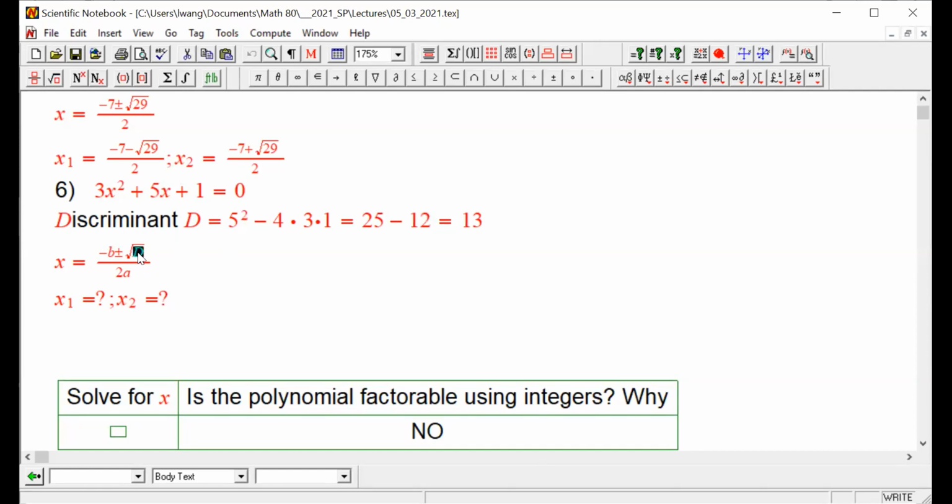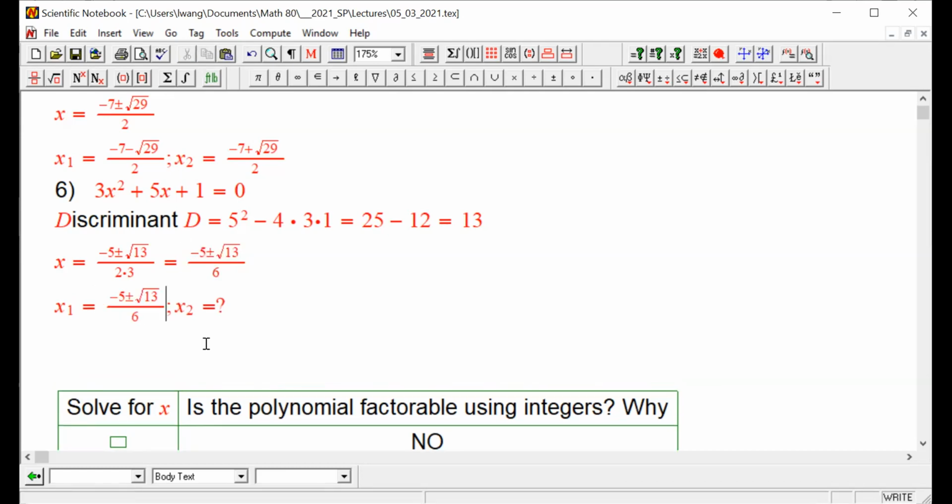So the discriminant is 13, and B is 5. A is 3. So when we simplify, 2 times 3 is 6. Then we're almost done.